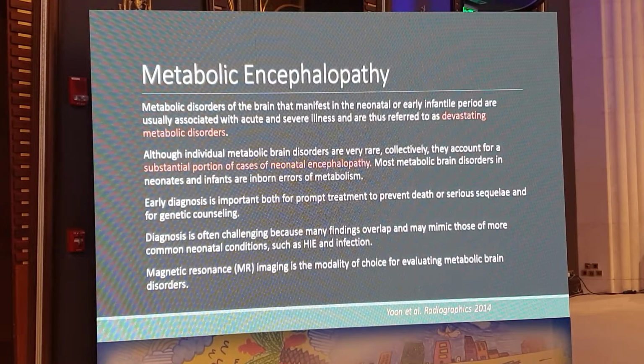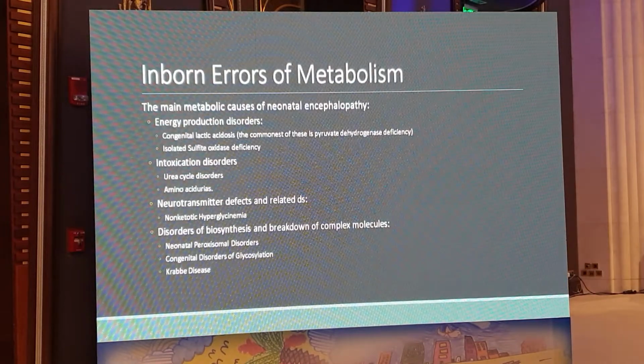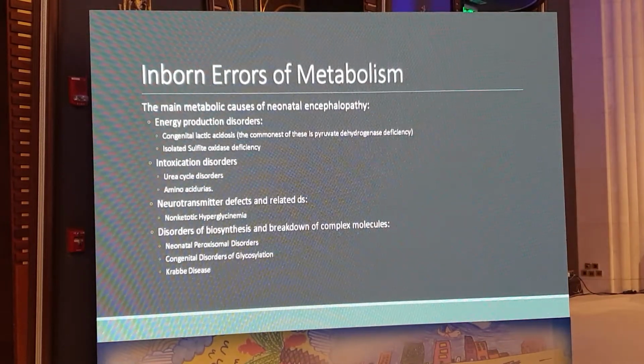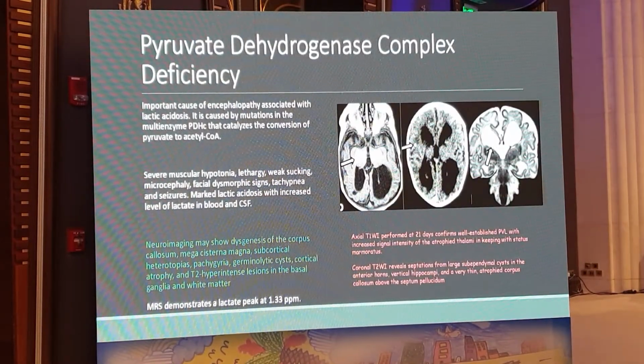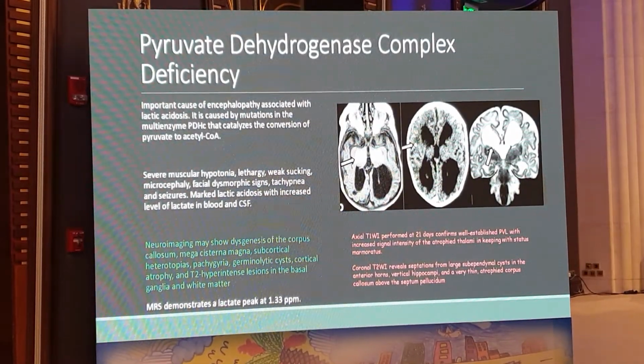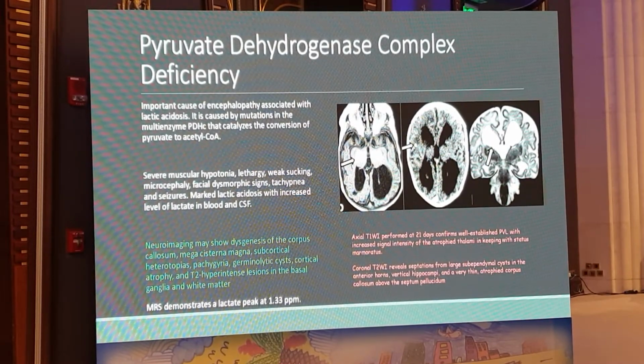There is an overlap with HIE, however, there are red flags, as the doctor said, that can lead to the diagnosis on early images. Usually it's an inborn error of metabolism that will present in the neonatal period. Some of the early presenting metabolic brain diseases in the newborn, like pyruvate dehydrogenase complex deficiency, can present early in the neonatal period.